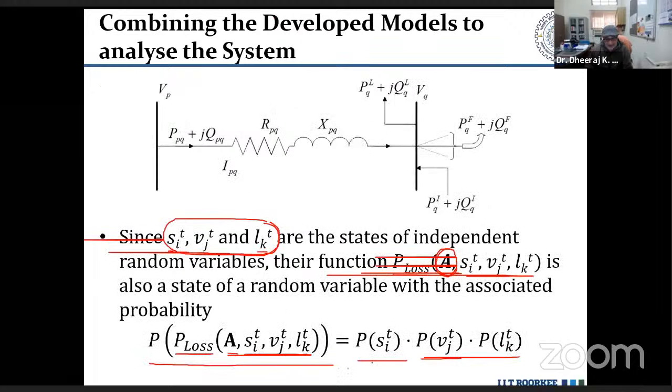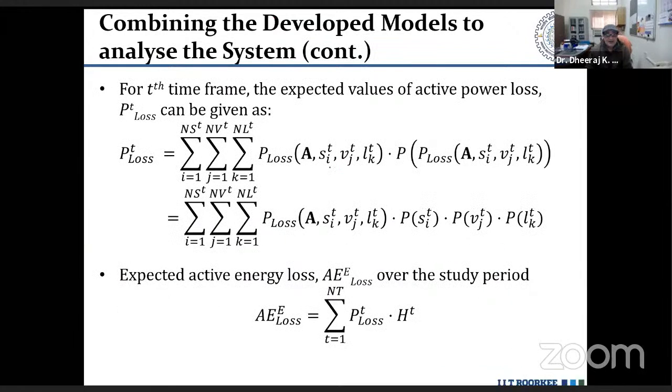So this is for a particular state of solar radiation, wind speed and load. We can combine for a time frame t, we can compute the expected value. How? We have to take different possible values of solar radiation, wind speed and load.